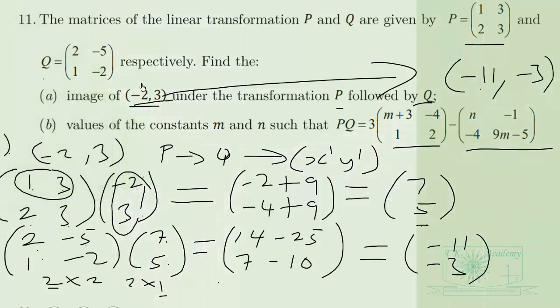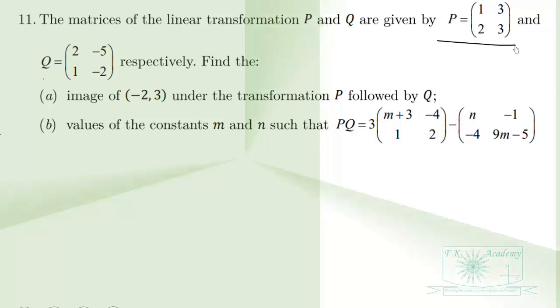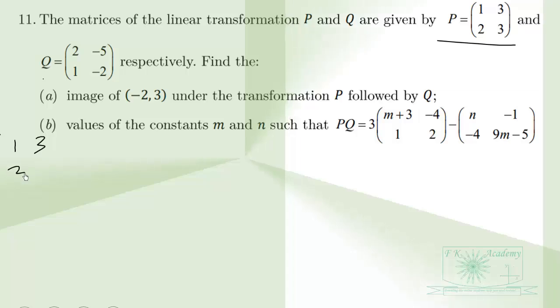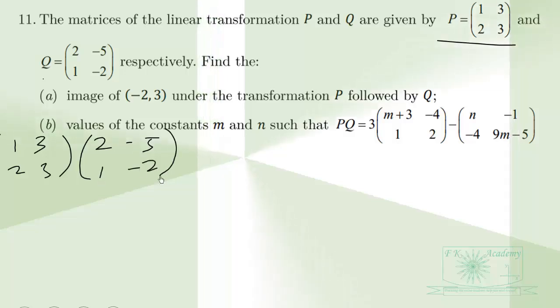Then let's look at part B of the question. We want to find the values of the constants m and n such that matrix P times Q, so this is matrix P, which is [1, 3; 2, 3], times Q, which is [2, -5; 1, -2], is equal to 3 times [m, 3; ...] plus 9.